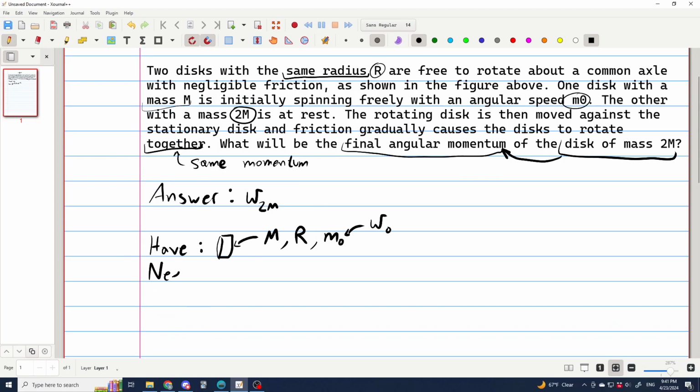And then what do we need? We need to go from all this information to here. I'm going to need the total rotational inertia, or maybe I need my total angular speed, or maybe I need my total momentum.